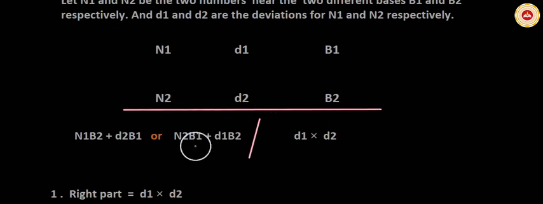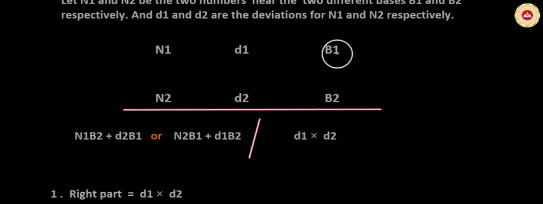Let us calculate the answer in two parts. This is the right part and this is the left part. You have to write three numbers. The first number is n1. In front of it you have to write the deviation for that number, and in front of d1, you have to write the base, the nearest base, working or real, no matter.